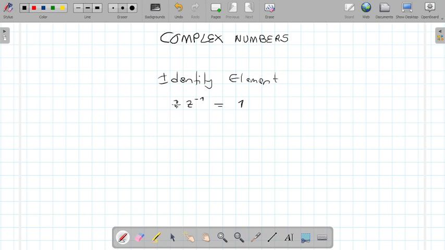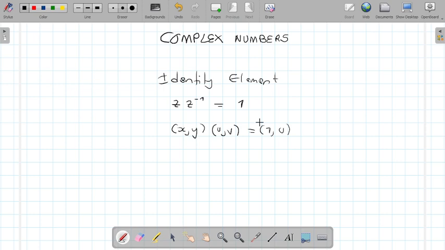Let's say Z is the complex number defined by the ordered pair XY. Here we have multiplication, and Z to the minus 1, the multiplicative inverse of Z, is defined by the ordered pair UV. This has to satisfy this 1, 0. We know that 1 is the complex number where 1 is the real part and 0 is the imaginary part. So we have this equation.